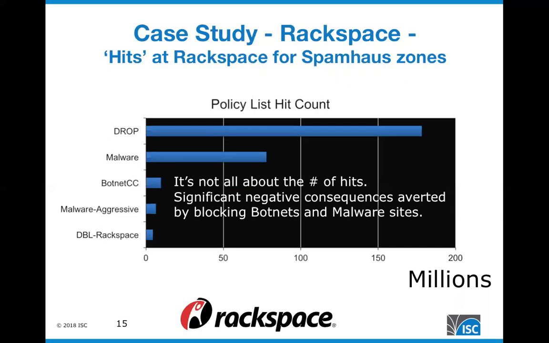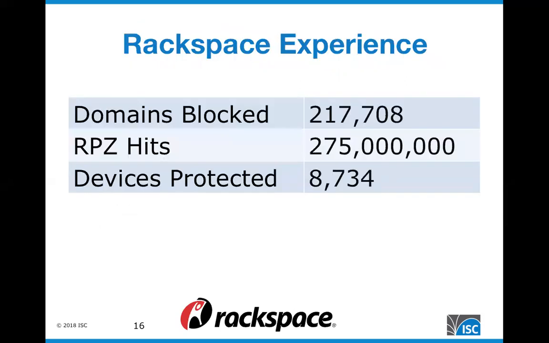So it isn't always about the number of hits. It may be about just the domain. If you think about it in terms of the ransomware domain that was trying to be contacted when ransomware really started to ramp up, being able to block just that domain would have much more effect than the number of hits that were happening.